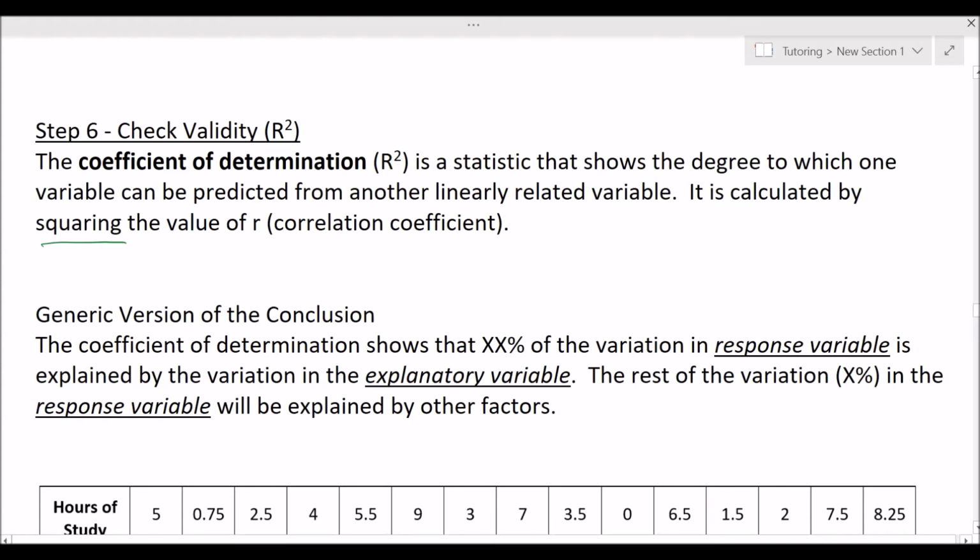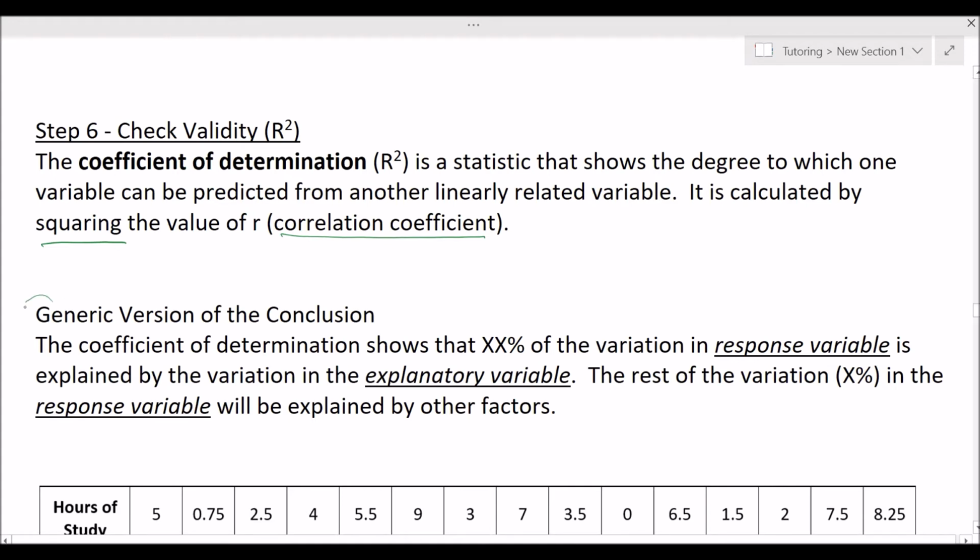You might wonder why we're squaring it. Well, we'll talk about that in a minute, but it's because the correlation coefficient can be negative, and if you square a negative, you end up with a positive. We'll do an example in a second. So when you have your R squared value, you can reach a conclusion about it.